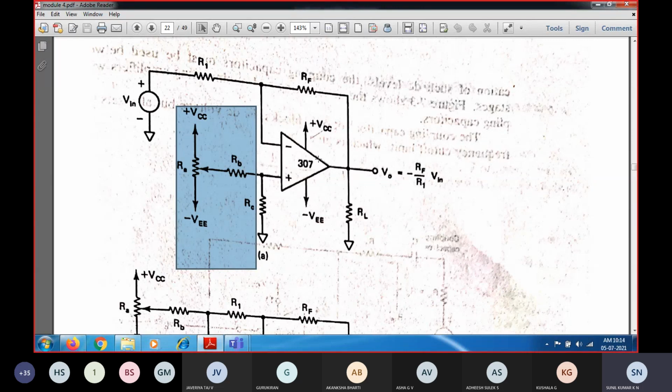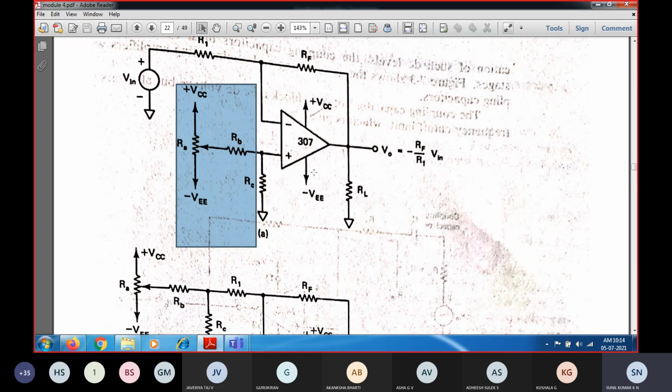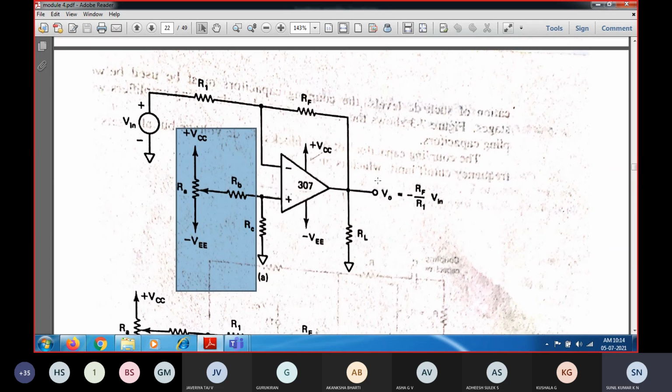So that's for a given circuit. We are going to have this as the voltage compensating method, in which we rectify the offset voltage to 0. This is for the case of operational amplifiers where offset nulling terminals are not provided.